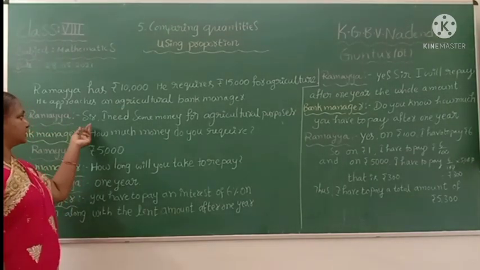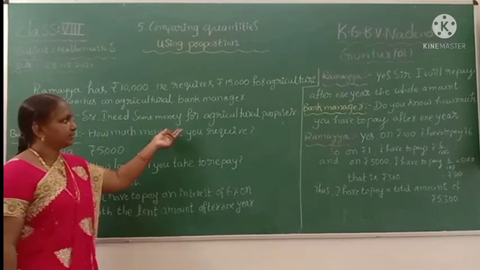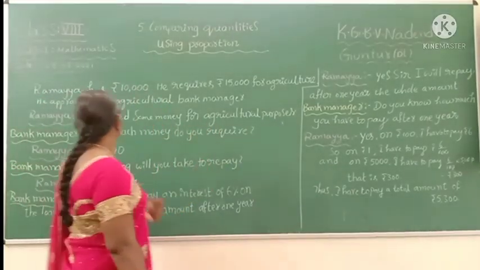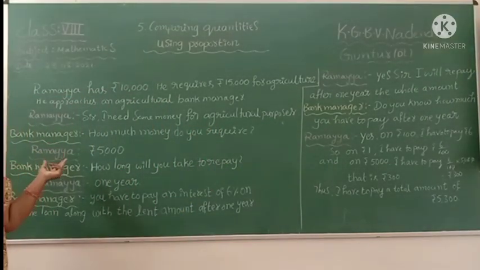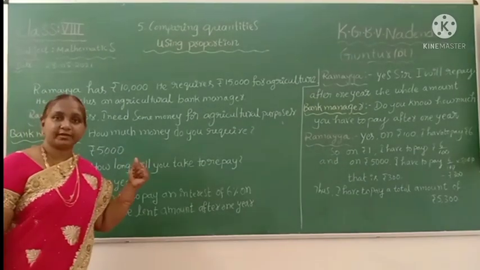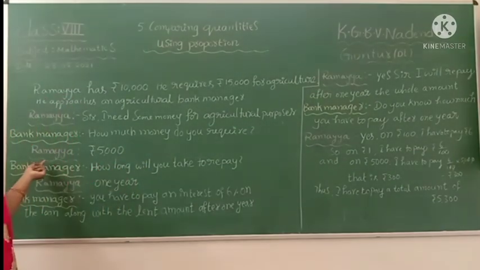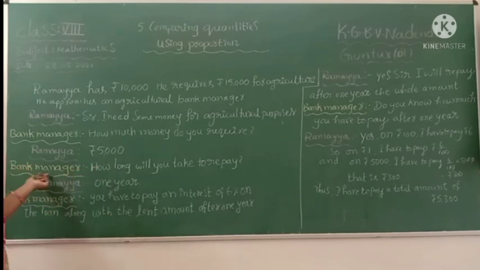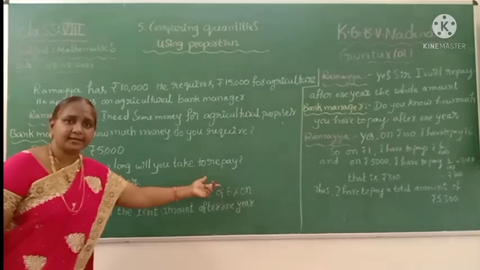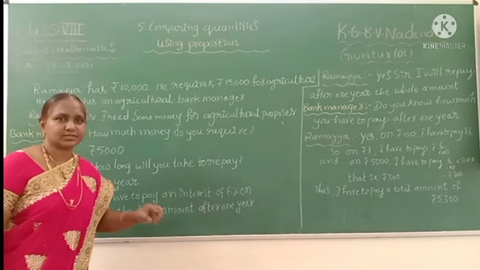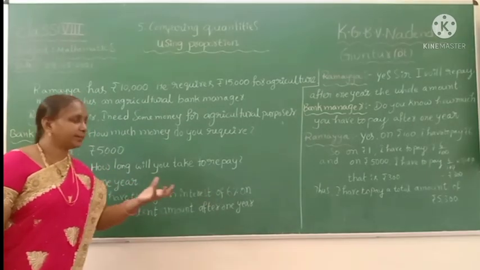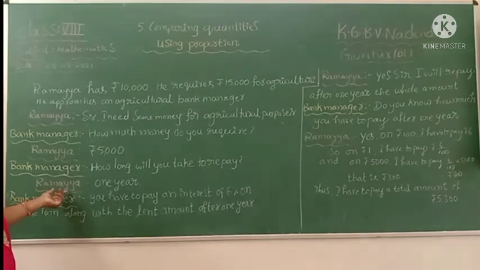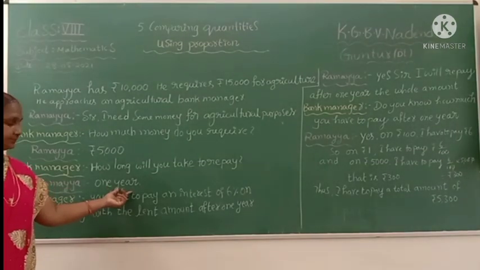Ramaya asked the bank manager, "Sir, I need some money for agricultural purposes." The bank manager said, "How much money do you require?" Ramaya: "I need 5,000 rupees." Bank manager: "How long will you take to repay?" That means, what time will you repay the money? Ramaya said, "After 1 year."